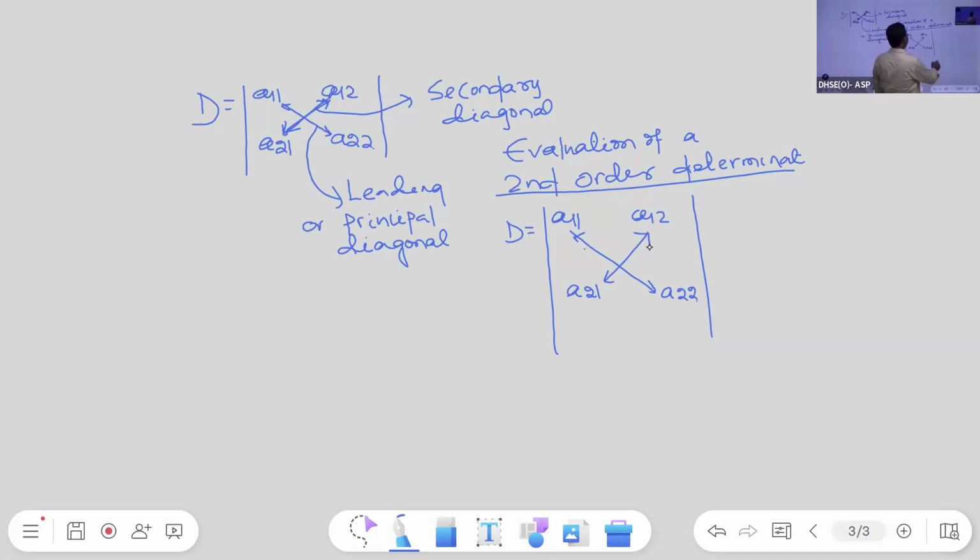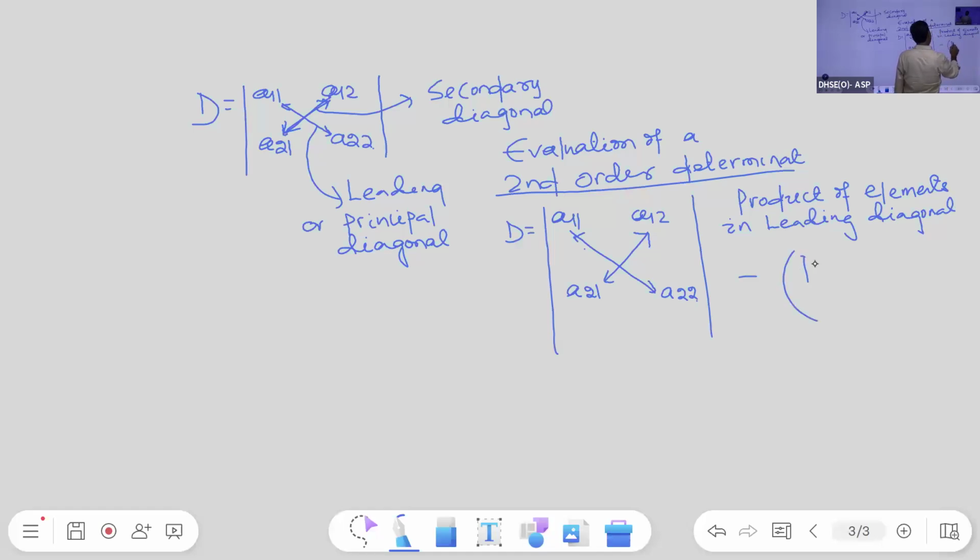So value is equal to product of elements in leading diagonal minus product of elements in secondary diagonal.